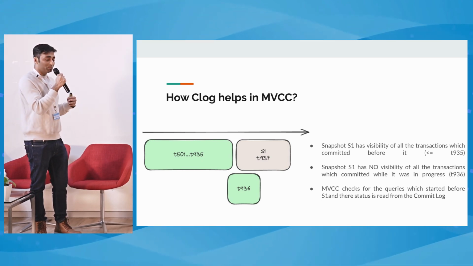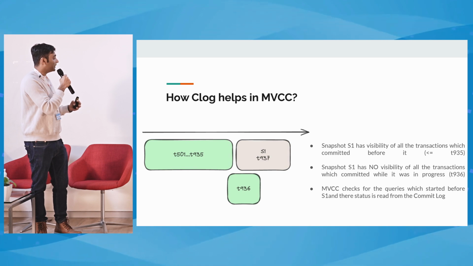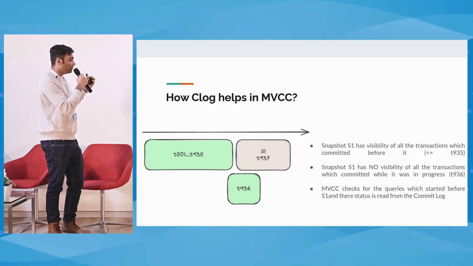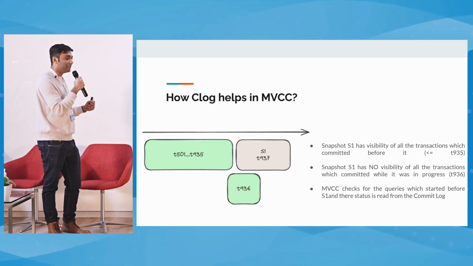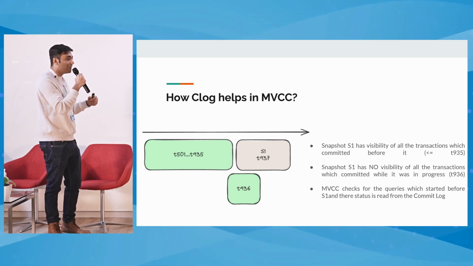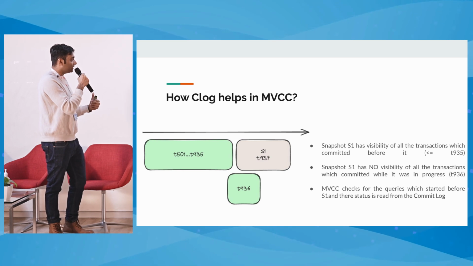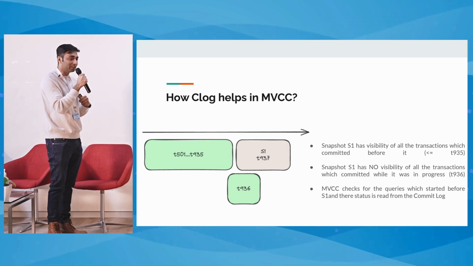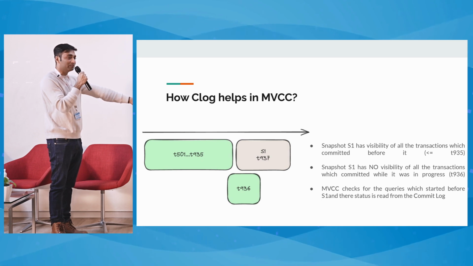So how does CLOG come into the picture here? As I mentioned, whenever a transaction starts, my snapshot is taken. All the transactions which were committed before my transaction started are visible to this snapshot.